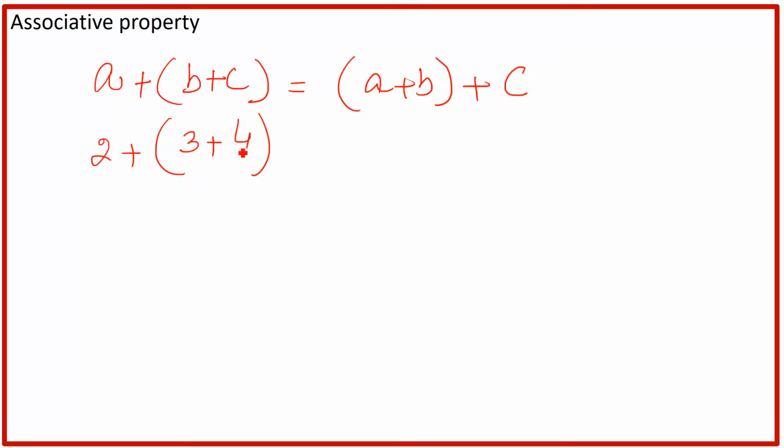First you have to add whatever is inside the parenthesis: 7 plus 2, 9. Here A is first, so we have 2 and then 3 plus 4. Inside the parenthesis, we have A plus B in one, and B plus C in the other. When we add 5 and 4, 9, it is the same. This is called the associative property.